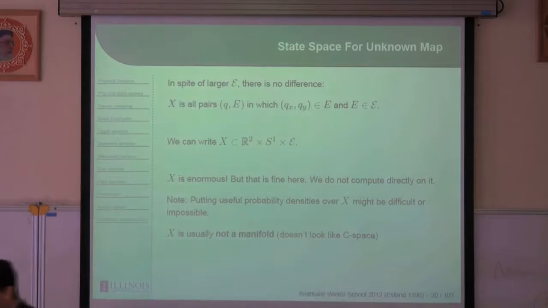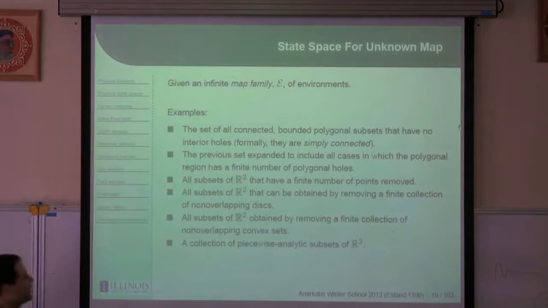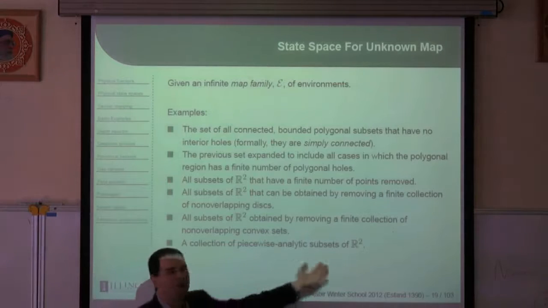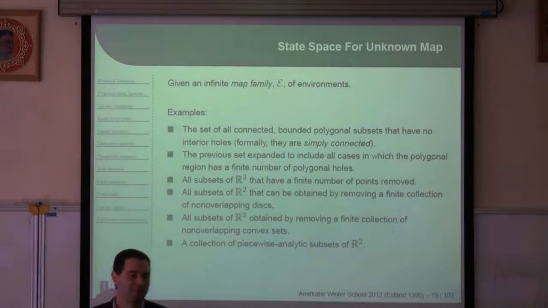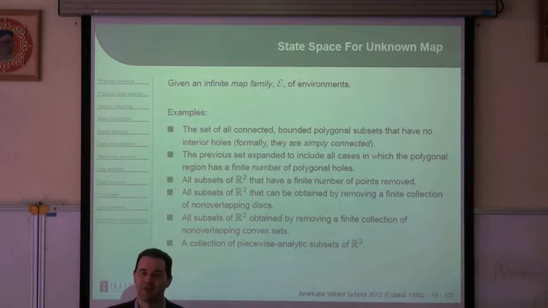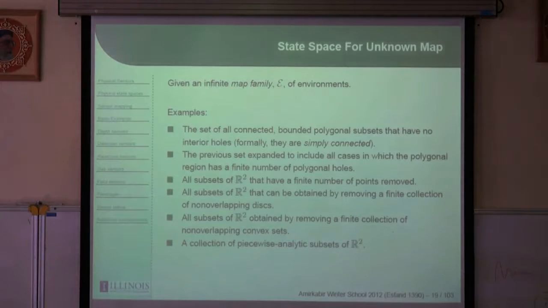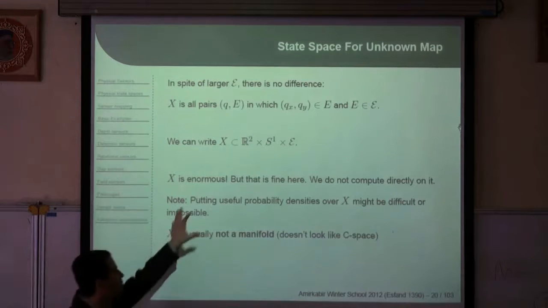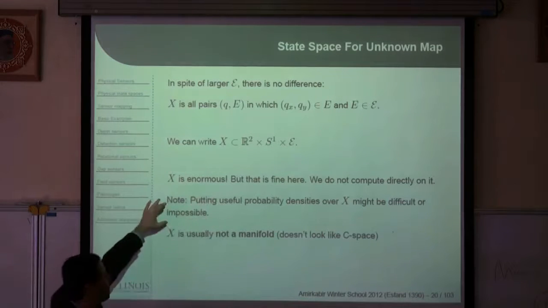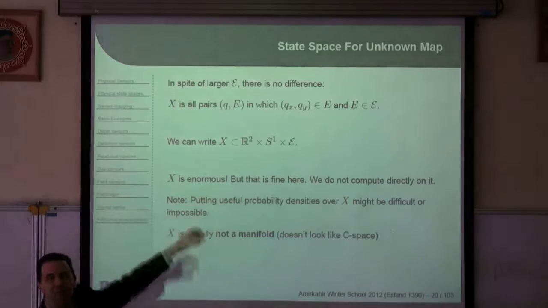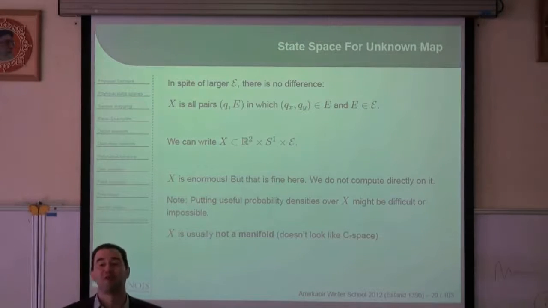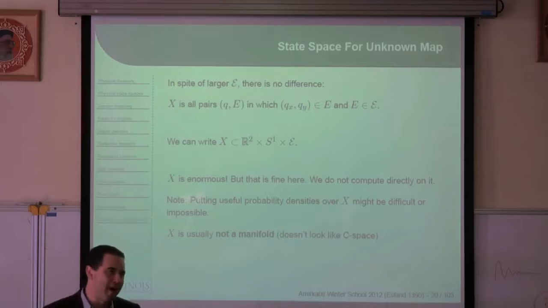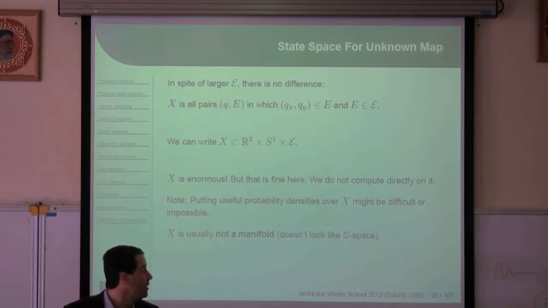When I define a big space like this, and I put a probability distribution over the set of all piecewise analytic subsets of R2, that's problematic if you've played around with these things. There are some measure-theoretic difficulties, aside from even coming up with a reasonable prior. You always need a prior distribution when you do probabilistic models. So what I want to say is that I'm defining a huge space here. I'm not going to put probability densities over it, so I can comfortably define ridiculously large spaces. And I'm going to do some mathematical analysis on those, and it's going to be fine.